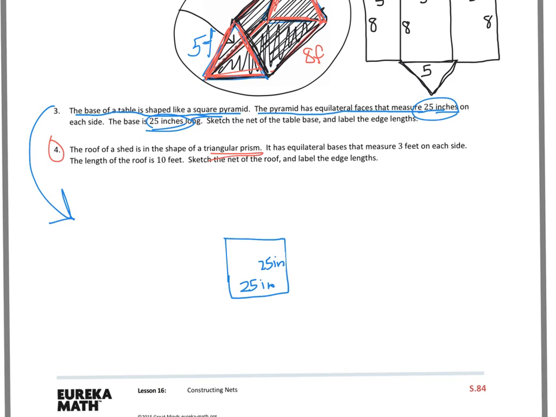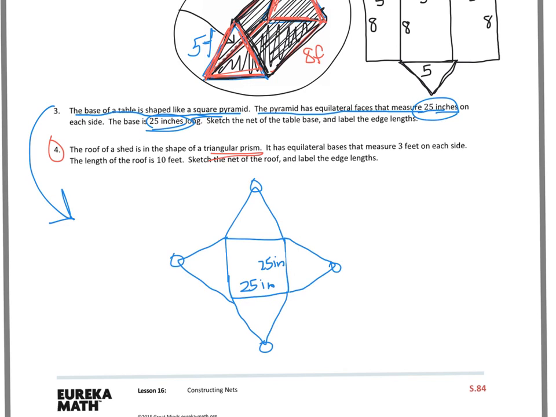So when I say pyramid, it means we're going to have triangular sides. So I'm going to draw these out. Each side has to have a triangle on this square because all sides have to meet at one vertex.